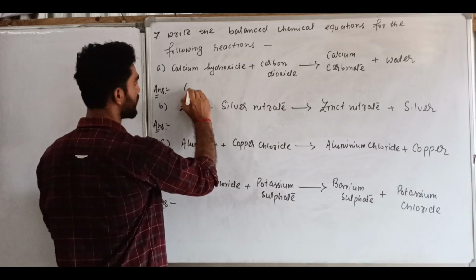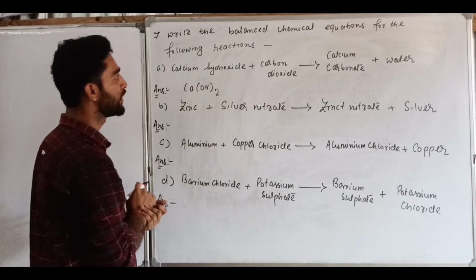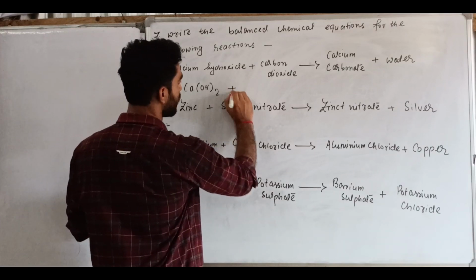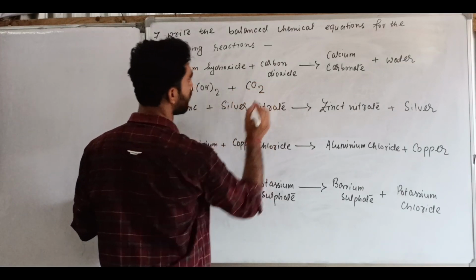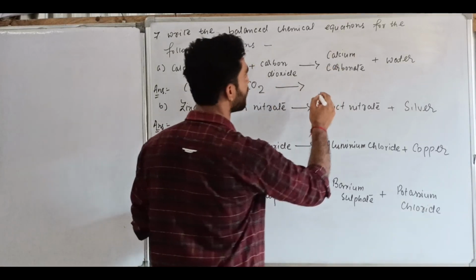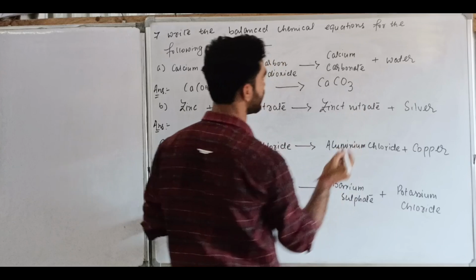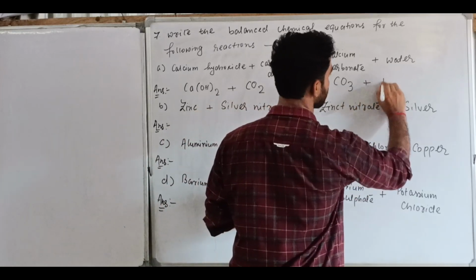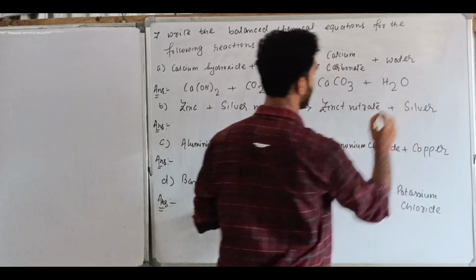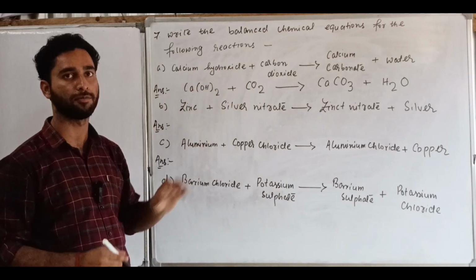The formula of calcium hydroxide is Ca(OH)2. Calcium hydroxide reacts with carbon dioxide, CO2. They form calcium carbonate. The calcium carbonate formula is CaCO3, plus water. So first you have to convert the word equation into a chemical equation, then you have to balance.